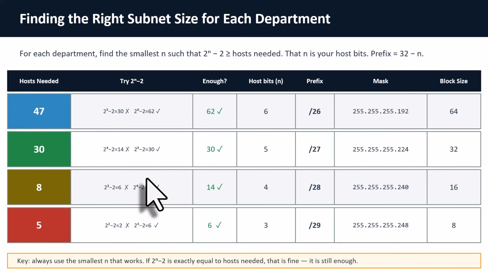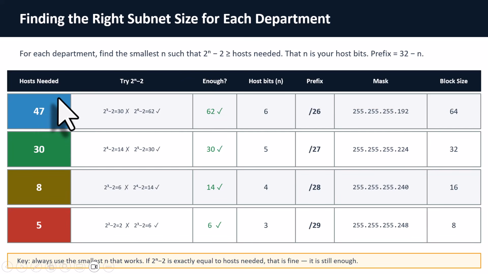Now, finding the right subnet size for each department. This is also something that is very important. If you have a network, for example, they are telling you here that we have this particular network, our first network, and there are 47 users currently in that department, and they tell you to subnet.